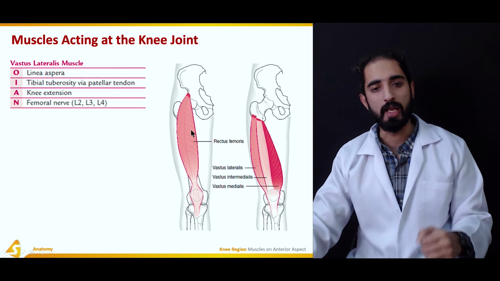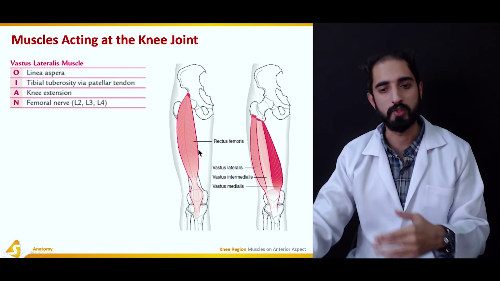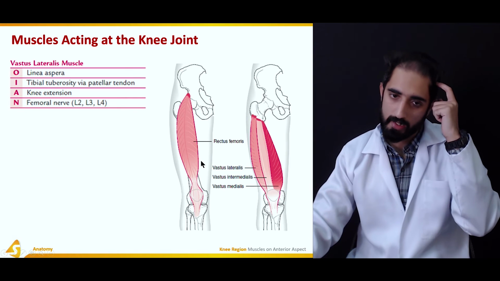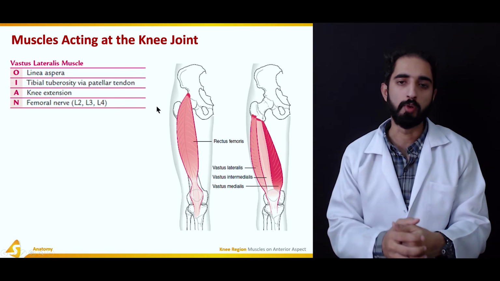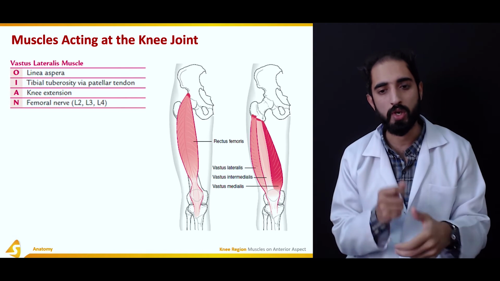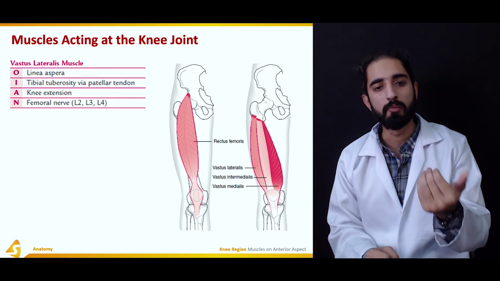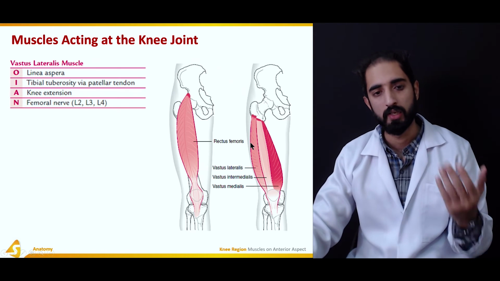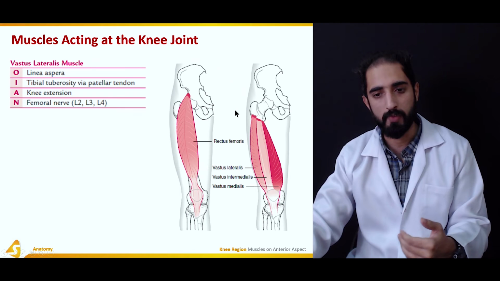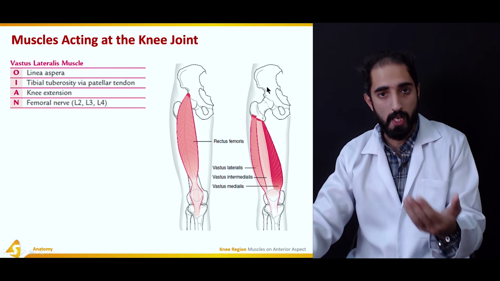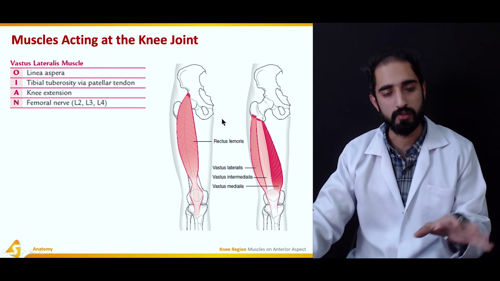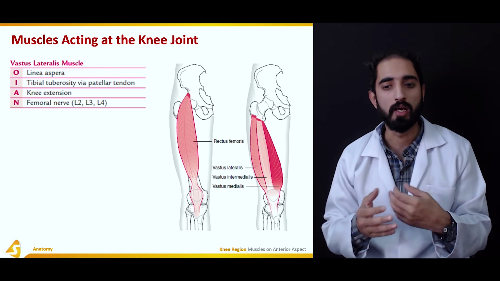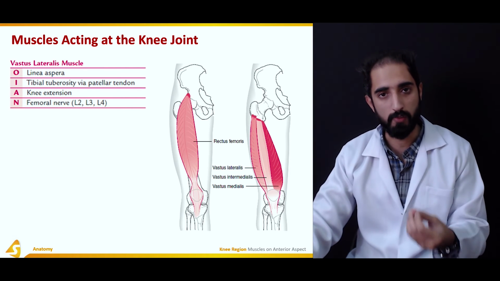The second muscle is the vastus lateralis, which is located on the lateral aspect of the rectus femoris, and it once again attaches on the tibial tuberosity via the patellar tendon. But the origin site is below the pelvis, because rectus femoris originates from the pelvis, whereas vastus lateralis, medialis, and intermedius all originate below the pelvis from the femur itself.